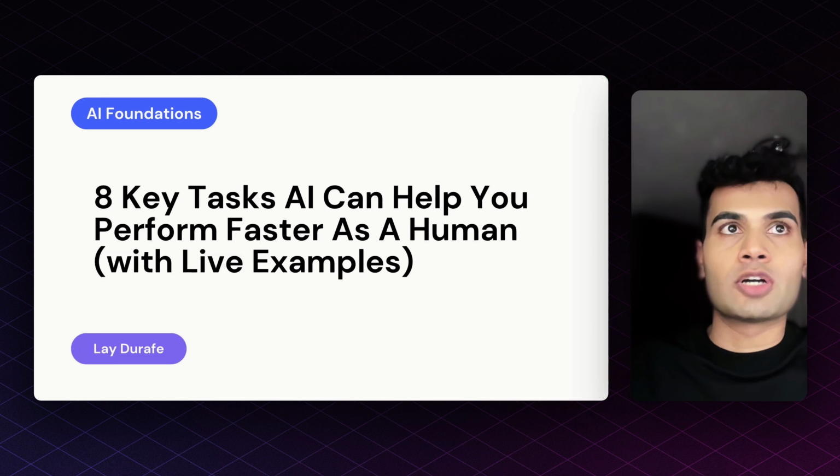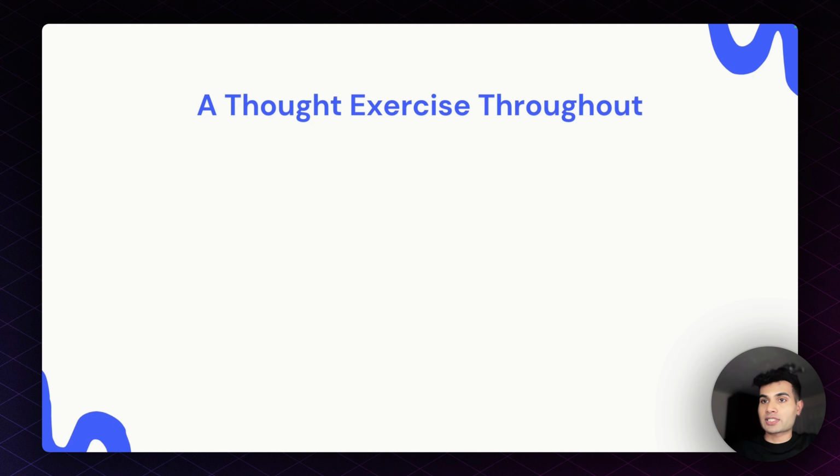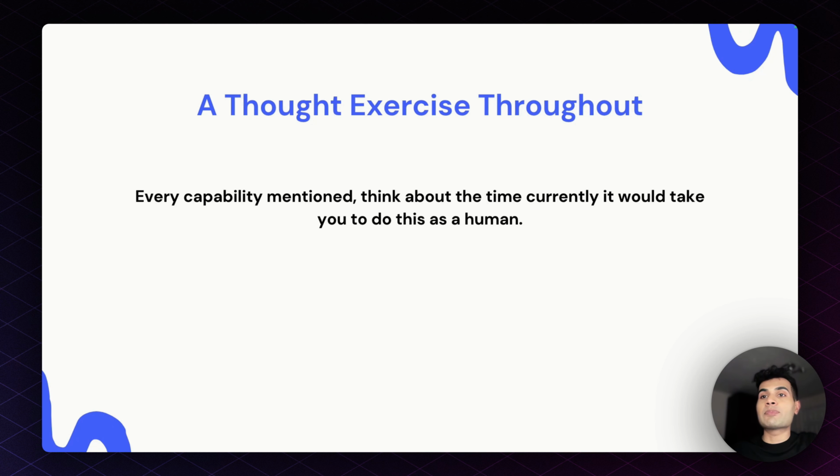One of the key things I do want to mention before we kick off is the following. A thought exercise that I want you to keep in the back of your mind as you follow this video: for every capability, meaning every task mentioned, think about the time it would currently take you to do this as a human without AI.